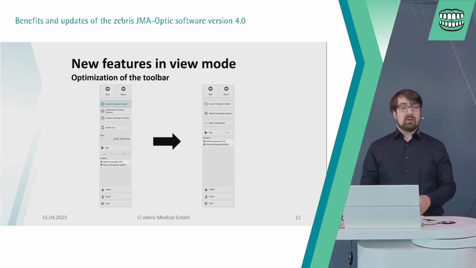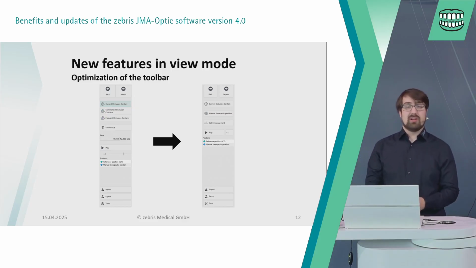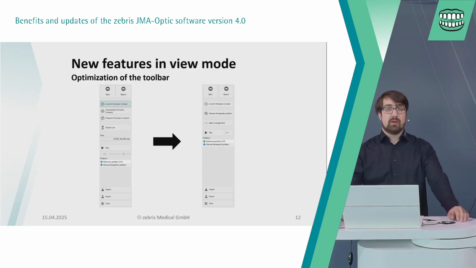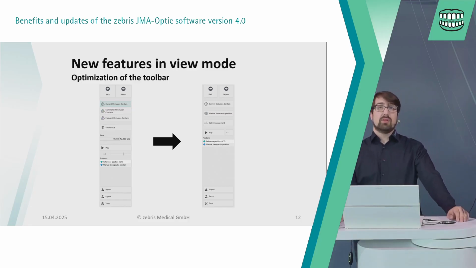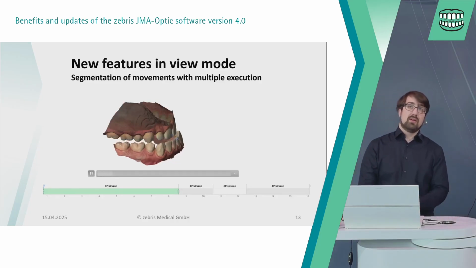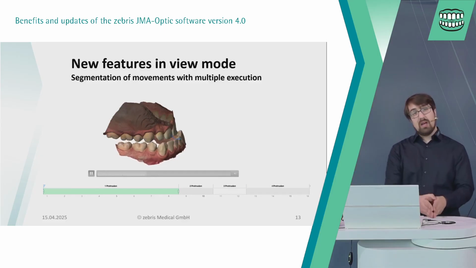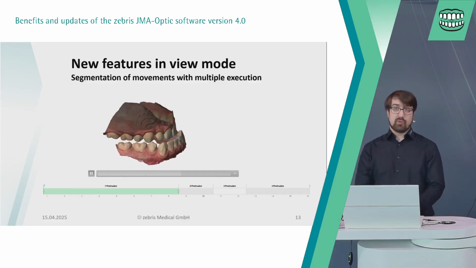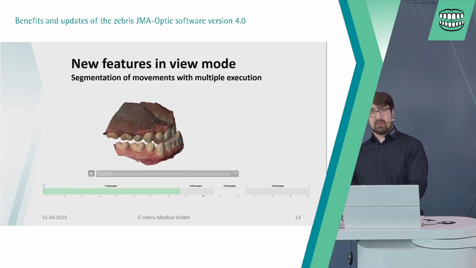When we want to get good values from our patient, we always have to do more than one measurement of our movement, more than one protrusion and lateral movement. Till now, we had to click start, make the movement, click stop, and then again click start, make the movement and stop.